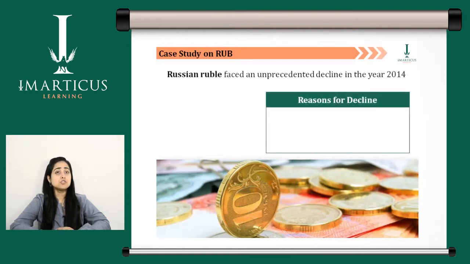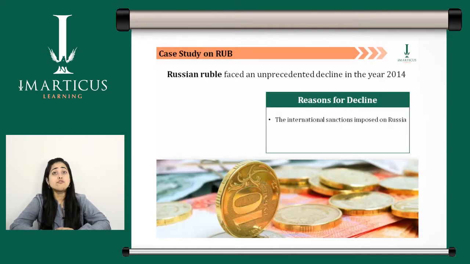The Russian ruble saw an unprecedented decline in its value in the year 2014. This currency collapse was due to three main reasons. First is sanctions imposed on Russia. After the annexation of Crimea by Russia, international countries imposed economic sanctions on Russian entities, which impacted local banks that were funding their debt in rubles.